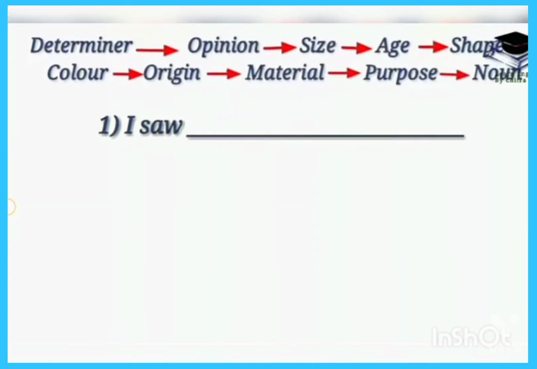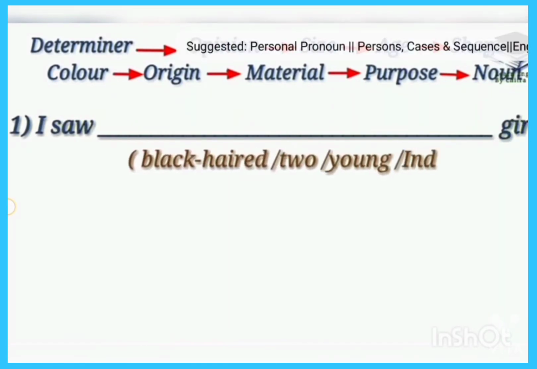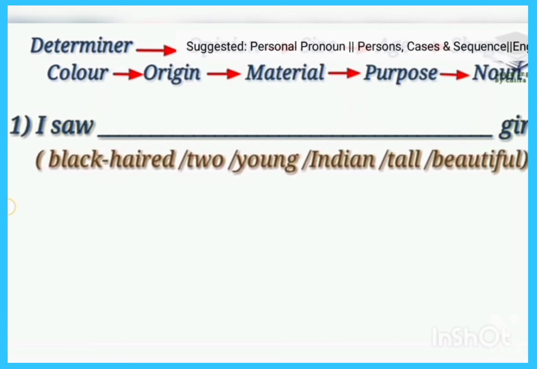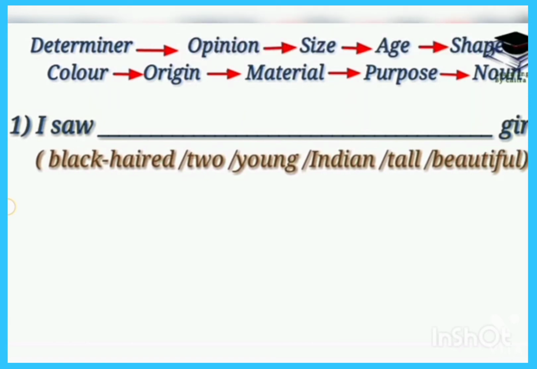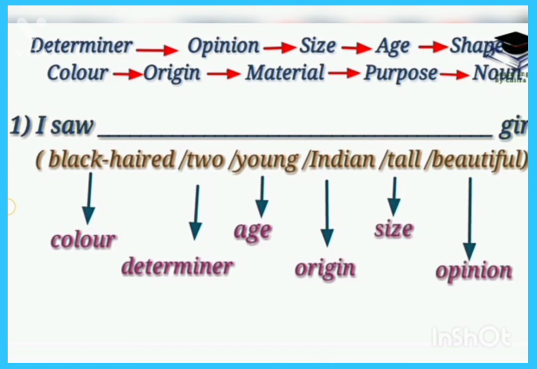Now coming to some examples using determiners, opinion, size, age, etc., color, origin, material, and purpose. I saw dash girl. You can fix it according to the clues: black hair means color, a determiner, young is age, Indian is origin, tall is size, beautiful is opinion.